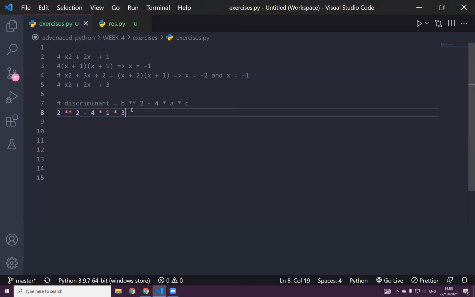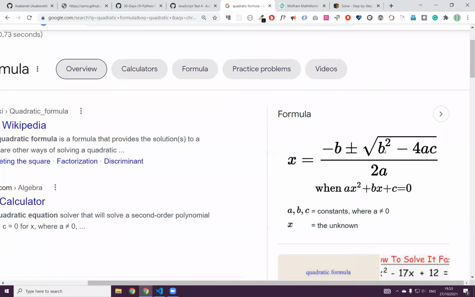So this is the discriminant. As you can see, we can make use of this. But this is also some part of the formula, b squared minus 4ac.